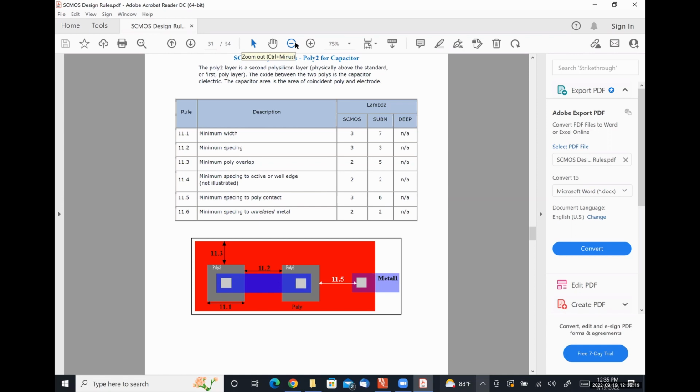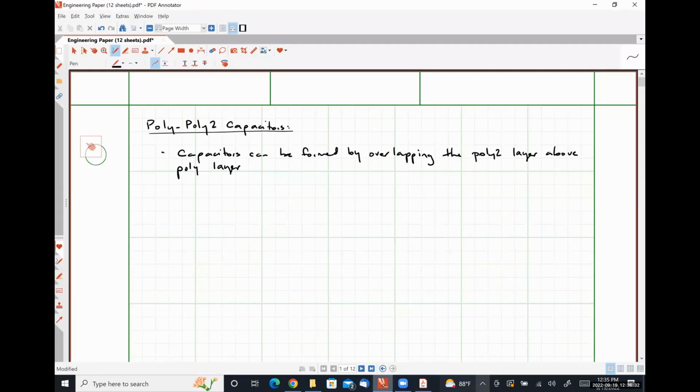And this is going to cause issues with parasitic capacitances. Okay, so we circle back around here.